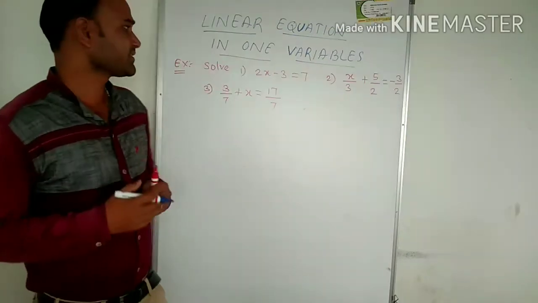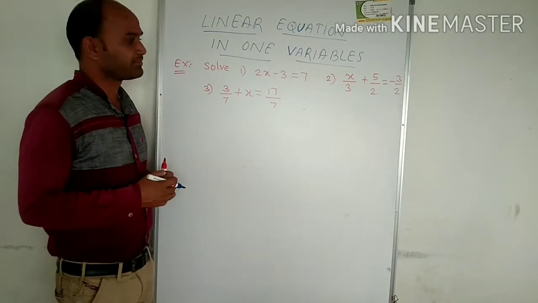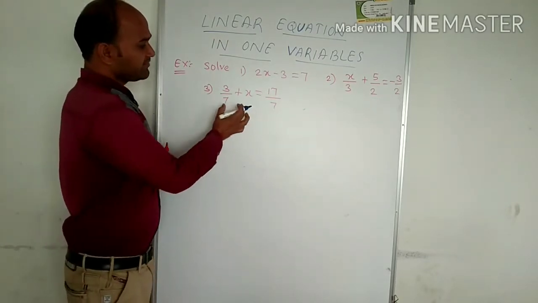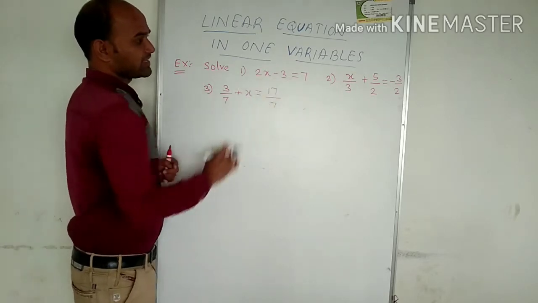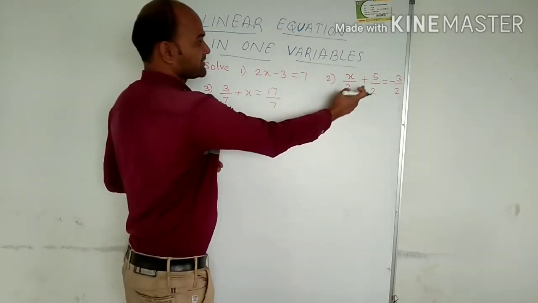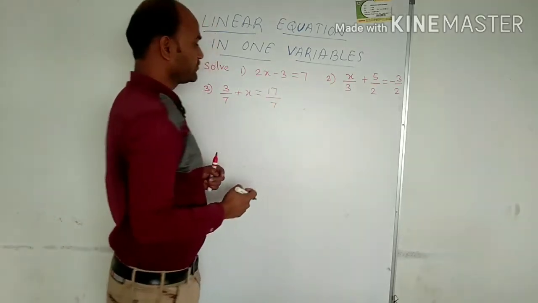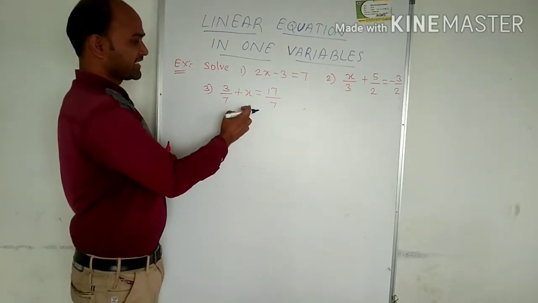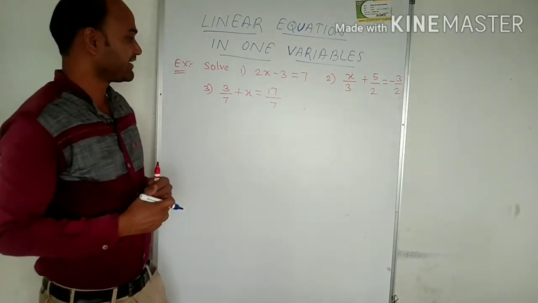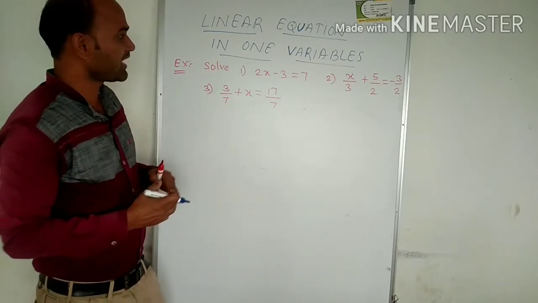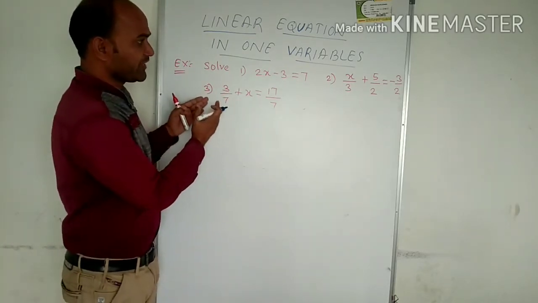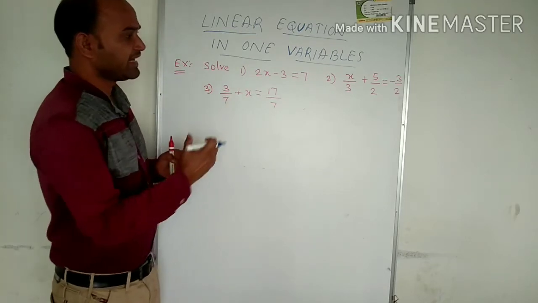Next, we have some examples. First, 2x minus 3 is equal to 7, then x upon 3 plus 5 upon 2 is equal to minus 3 upon 2, and then 3 upon 7 plus x is equal to 17 upon 7. All these are equations in one variable with the variable on one side and numbers on the other side.